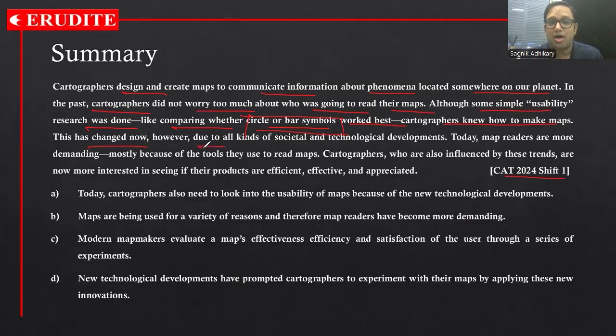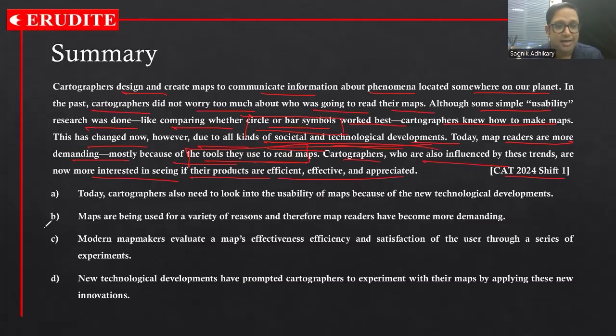This has changed now, however, due to all kinds of societal and technological developments. Today's map readers are more demanding, mostly because of the tools they use to read maps. So map readers these days are demanding because of the tools they use to read maps. There are societal and technological developments. Cartographers who are also influenced by these trends are now more interested in seeing if their products are efficient, effective, and appreciated.